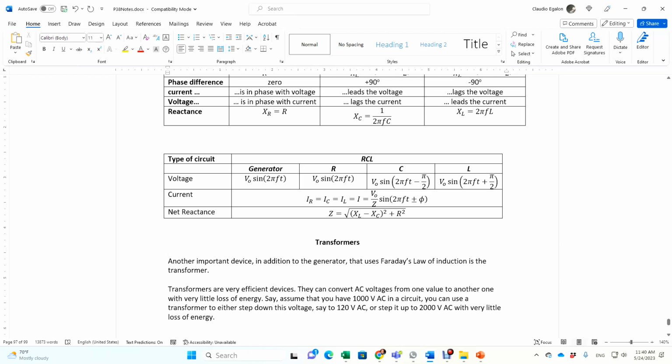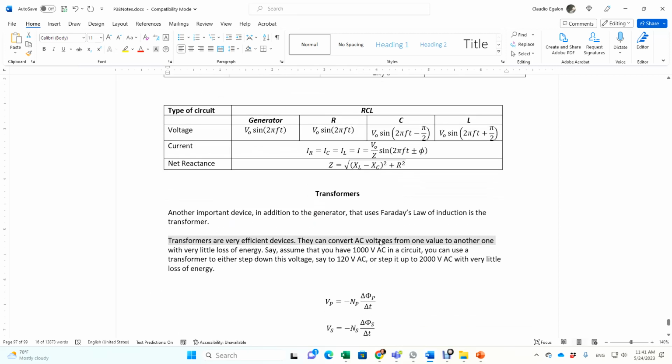In addition to a generator, which uses Faraday's law, transformers also use Faraday's law, as well as the RLC circuit for wireless transmission. Transformers are very efficient devices that can convert AC voltage from one value to another, with very high efficiencies, around 99%.